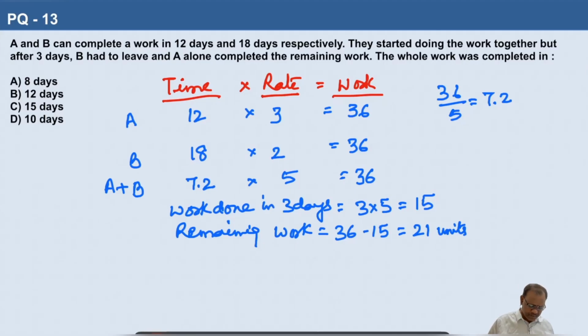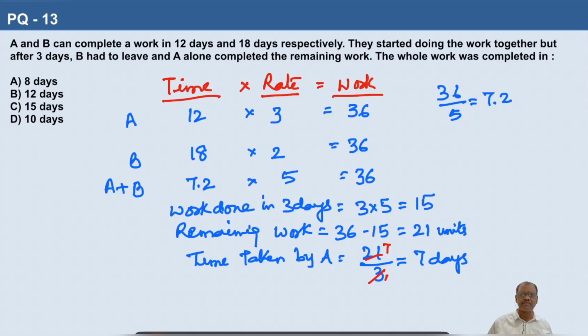So time taken by A is, 21 units is remaining. We will do 3 units per day. 21 by 3. So 3 ones, 3 sevens. You will take 7 days to complete the remaining work.